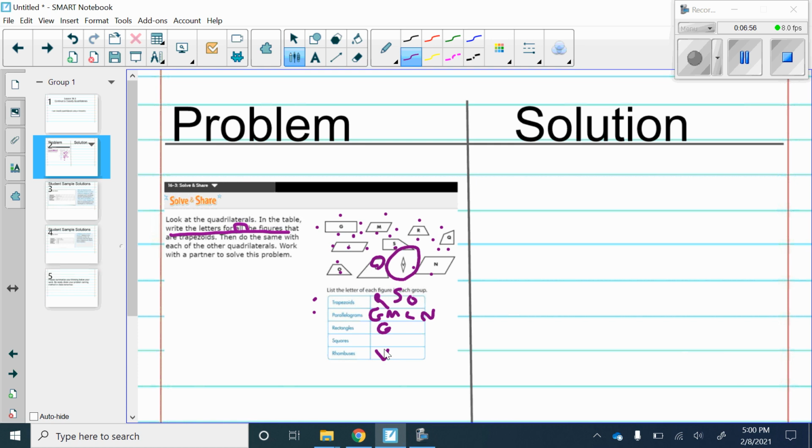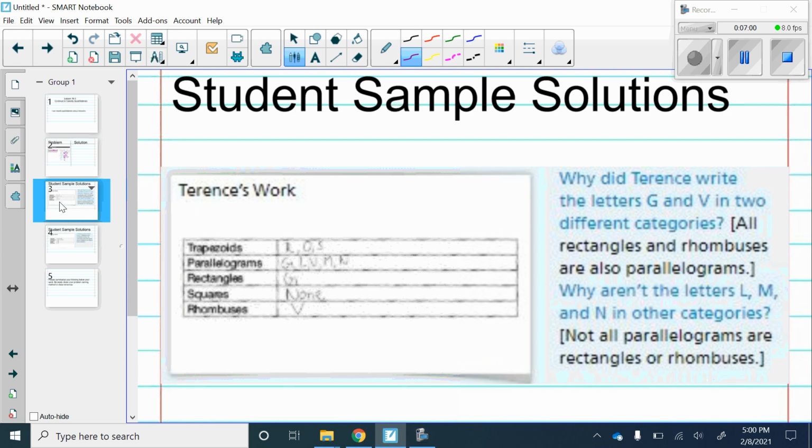Let's see how other people solved this problem. So here we see Terrence's work. It says, why did Terrence write the letters G and V in two different categories? So we see here that G is a parallelogram and also a rectangle. Remember, they have the same attributes.